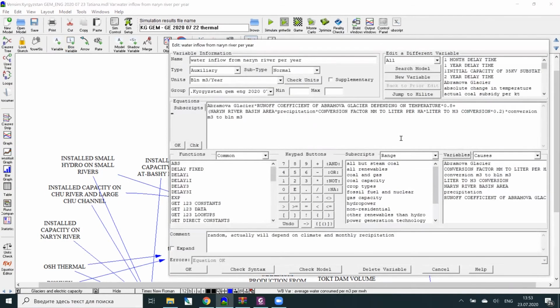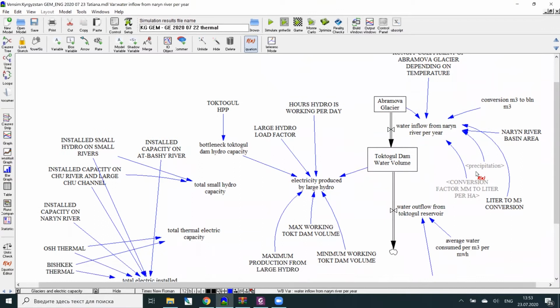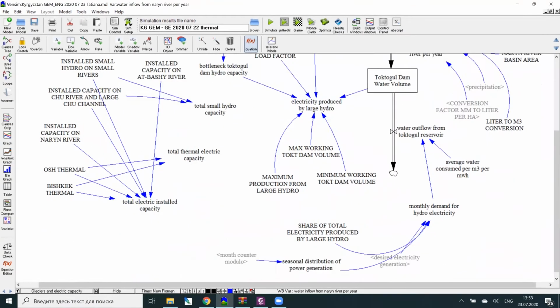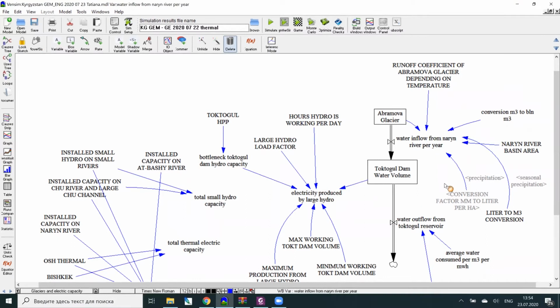So instead of using precipitation, I would use seasonal precipitation, which is measured in millimeters per hectare per month. Because you have the seasonal demand, you can use the seasonal precipitation. But then I have to redefine the runoff from the glacier as well.